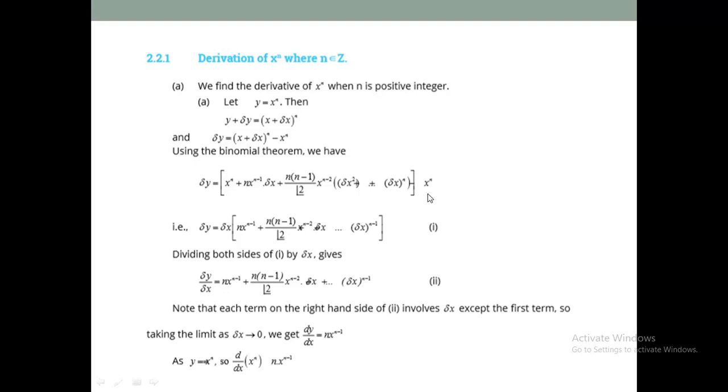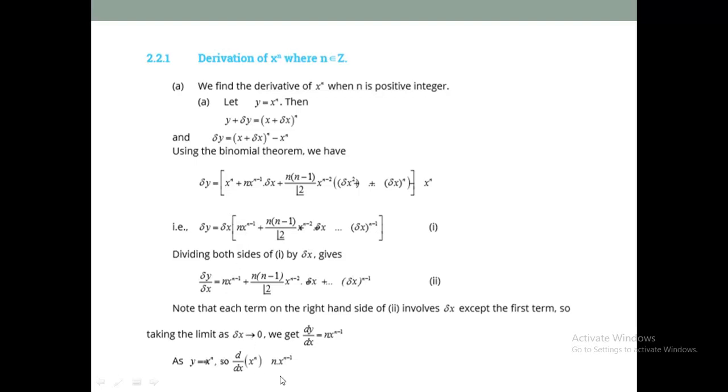When we open the bracket, the last x to the n and the first x to the n cancel each other, and from the remaining values we take delta x common, divide by delta x, and then taking the limit, all the values are equal to 0 except the first value.